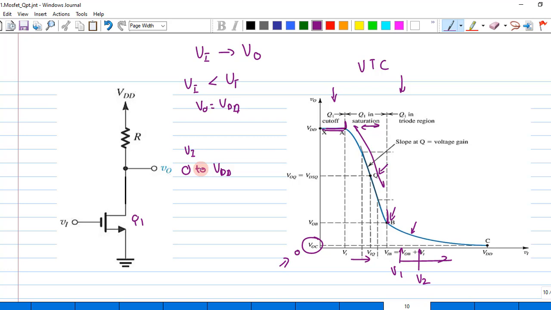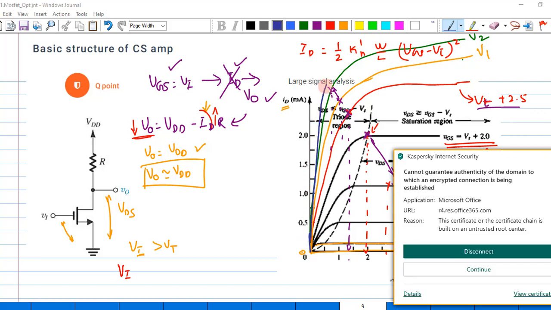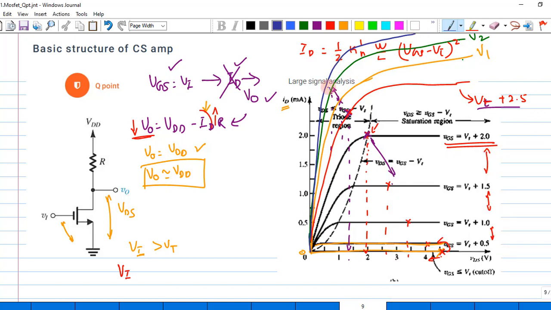The MOSFET is already switched on, and the way I can see this is by looking at this graph. Say I have a new graph that I am plotting for a value of Vin exactly equal to VDD. That graph will move something like this. The intersection point is here, because this is a line that we called a load line, and this load line will intersect at this particular spot.